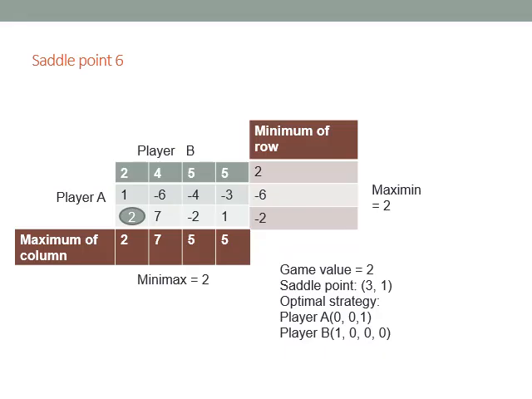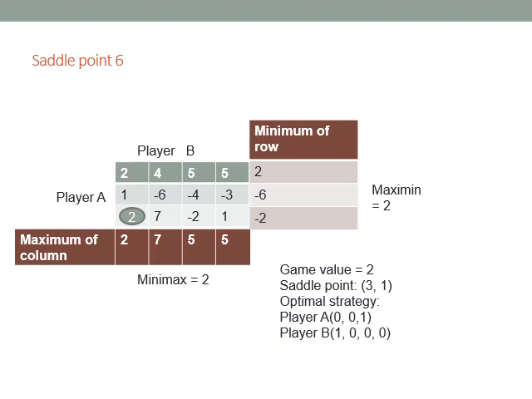If there are 3 rows, that means 3 strategies. If 4 rows, 4 strategies for player A. If there are 5 columns, that means player B has 5 strategies.